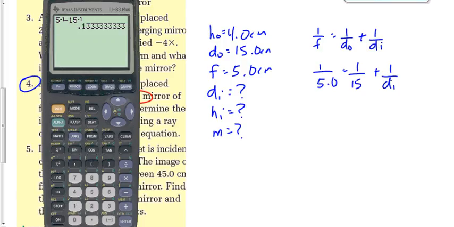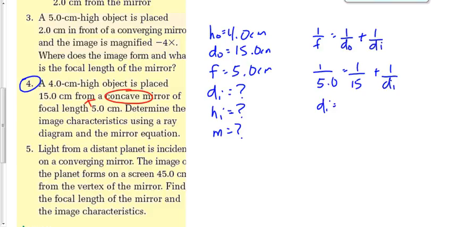We're going to flip that over. 0.13333. X to the minus 1 is 7.50. So DI is positive 7.50. Right now, even though we weren't asked to find that, we can use that number to tell us that it's a real image. Real image because DI is a positive value.